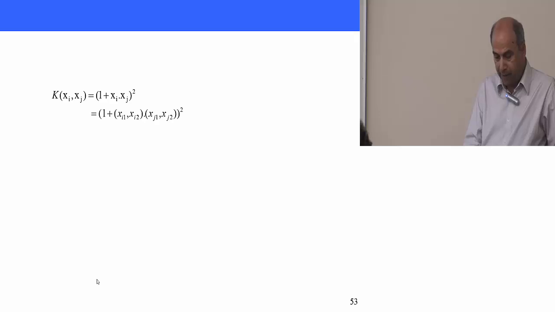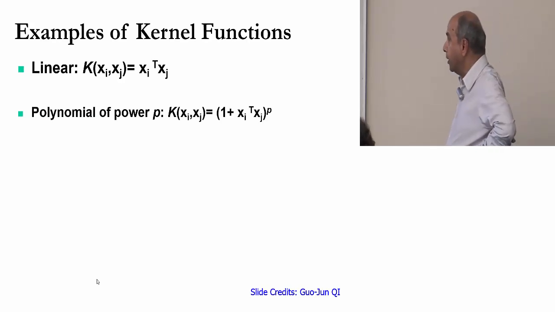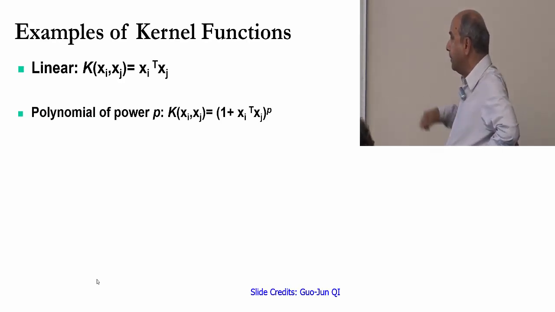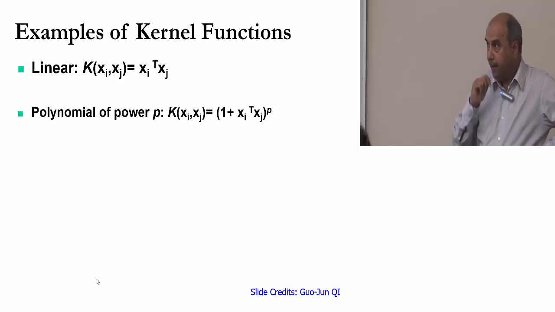We already went through that, and there are many different kernels. This is the linear one again, and this is called the polynomial kernel. As you remember, we had p equal to 2, squaring, but it can be 3, 4, 5, and so on. So p is general.